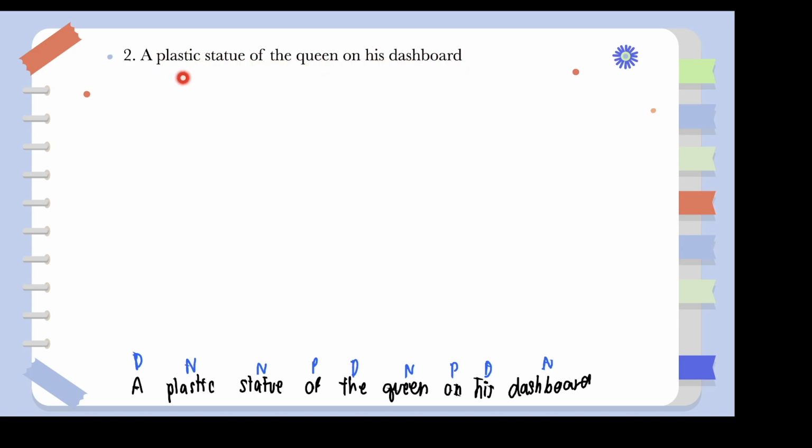So the head is statue, right? And we have of the queen as the complement, and we have on his dashboard as the adjunct. Plastic is the adjunct as well, but it is the specifier, so it's going to be the last one to attach.